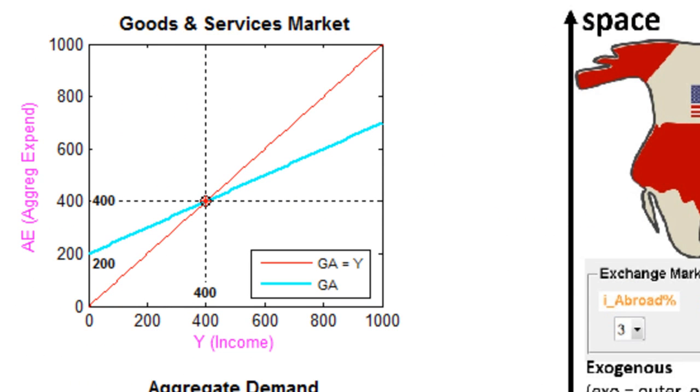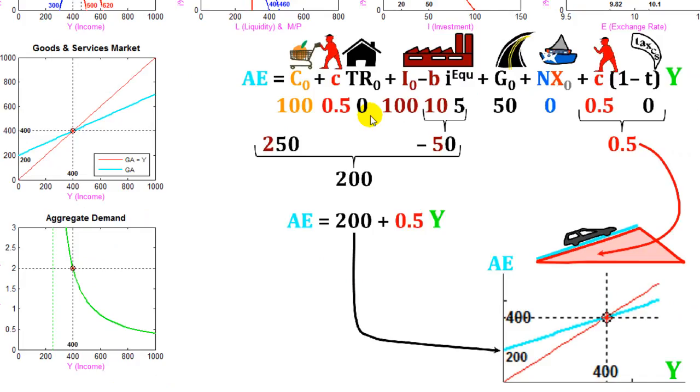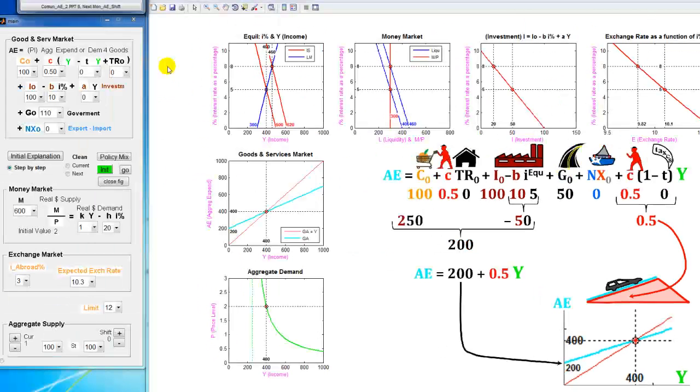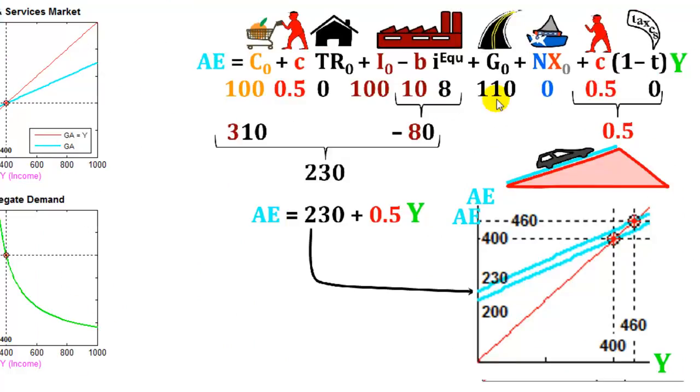In the goods and services market, when the interest rate in equilibrium was 5, then we have the intercept in the vertical axis 200. Now when we pass from 50 to 110, what we get is, if you do the math, you can pause, you will see that the intercept in the vertical axis is 230, because here there are two things that changed.